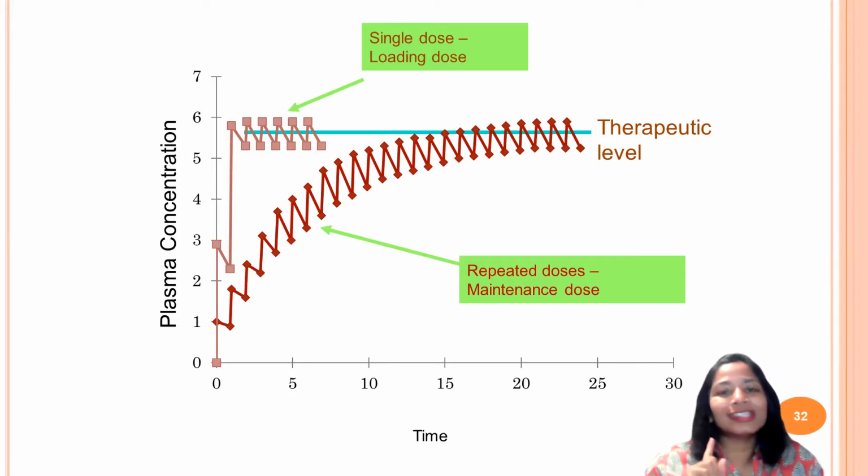The first one is single dose, which is a loading dose, so that you give it a higher dose where it can go straight away into the therapeutic level. Or the second method, repeated doses, where you have a little amount of doses, which is increased and increased till it reaches the therapeutic level. So these are the two methods that we have, and this will help us to reach the therapeutic level.